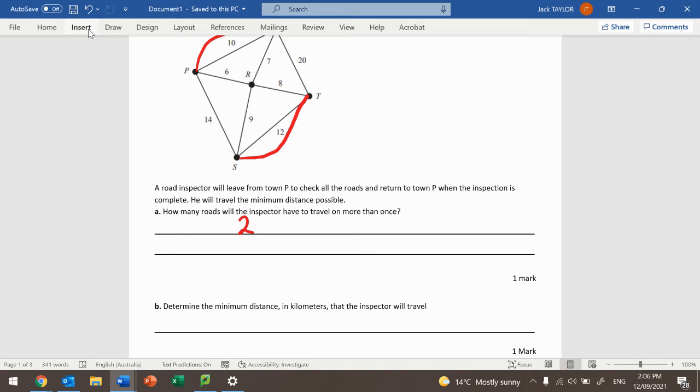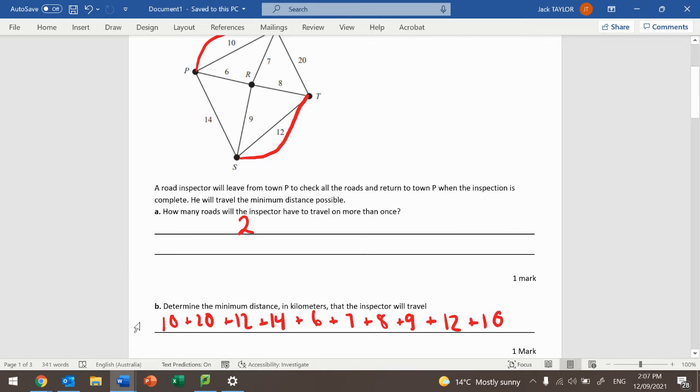So if I write that out in full, so that's all the roads, and then we're doubling up on the 12 and 10.